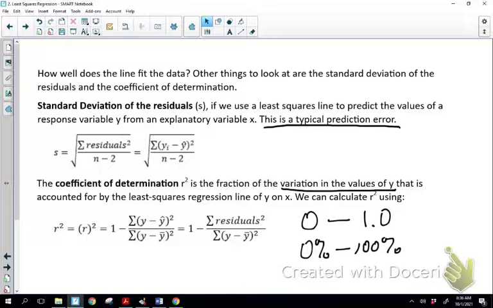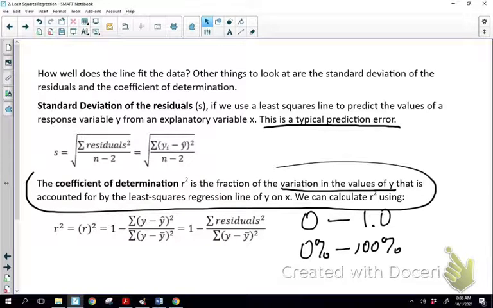So closer to 100%, the better the grade, and I have to say you need to memorize this phrase here. It is the variation in y explained by a linear relationship with x, or as I typed it there, but what I said is the way I write it.